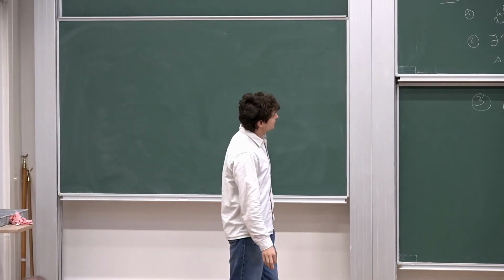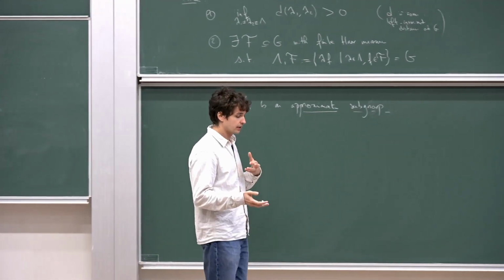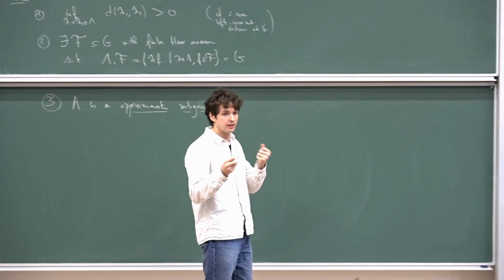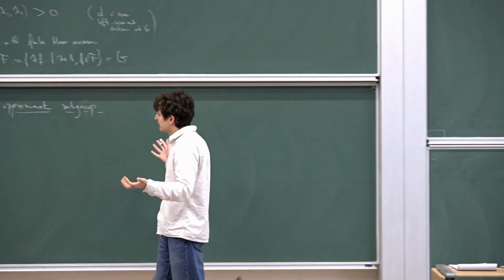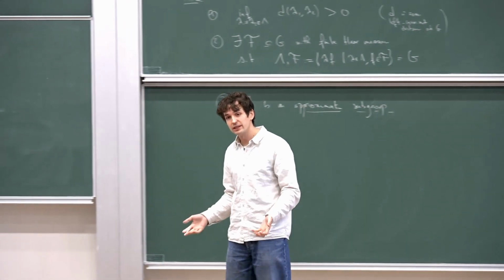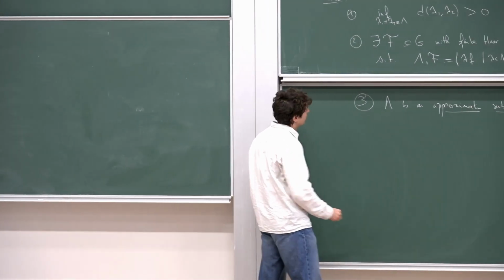The idea behind these approximate subgroups is that they are subsets of groups that look a lot like subgroups in the sense that they are almost, or approximately, closed under multiplication. And how do you define that?